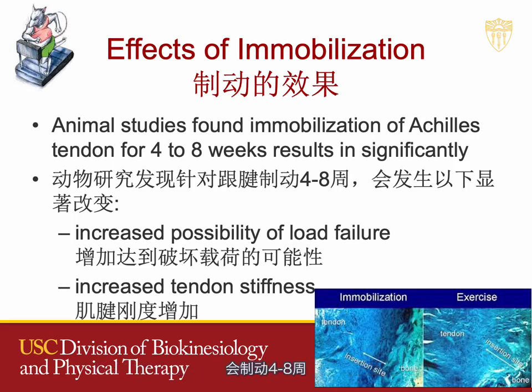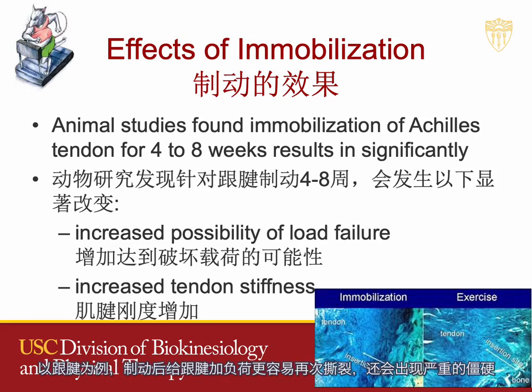They'll immobilize them for 4 to 8 weeks, and what happens is when they take them out after that immobilization, they're much more likely to have load failure. When they start to weight bear again and put more load through, let's say, the Achilles tendon, they're much more likely to have another tear. And they're also going to be significantly stiff.